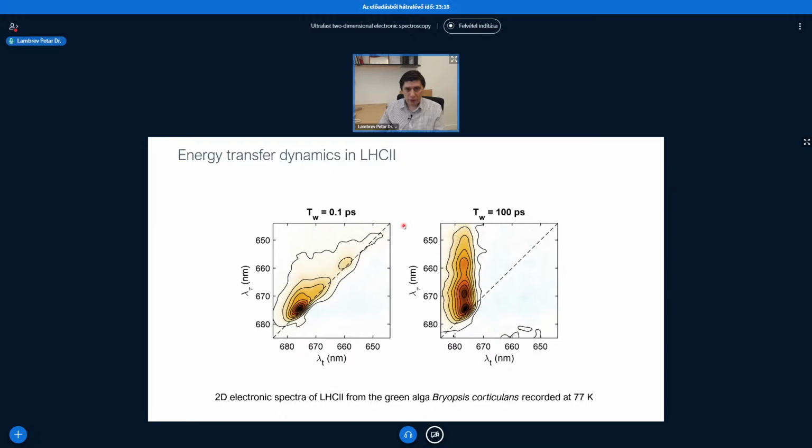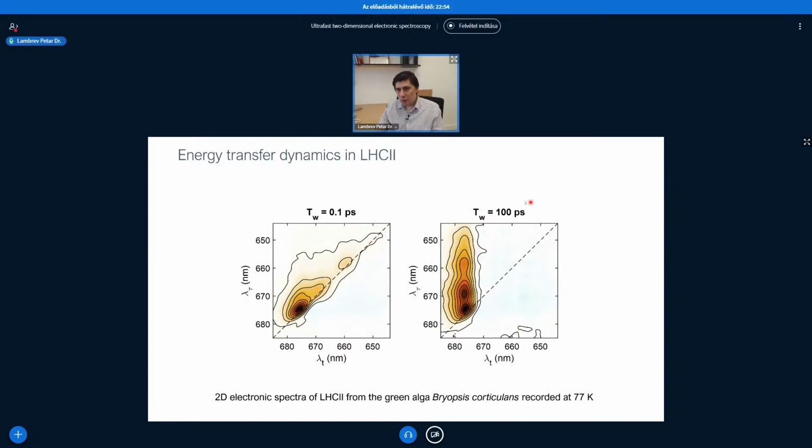These are 2 spectra of light harvesting complex 2 measured at a very low temperature of 77 Kelvin. You can see here at very early delay time, most of what you see is diagonal peaks, which correspond to the different excited state energy levels in the system.